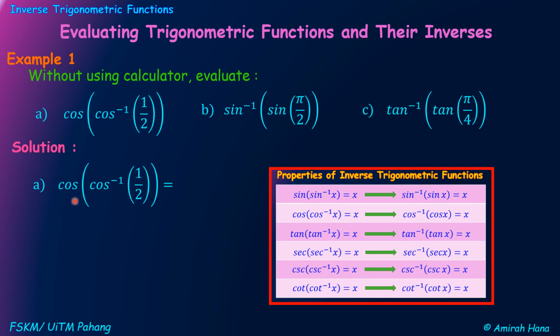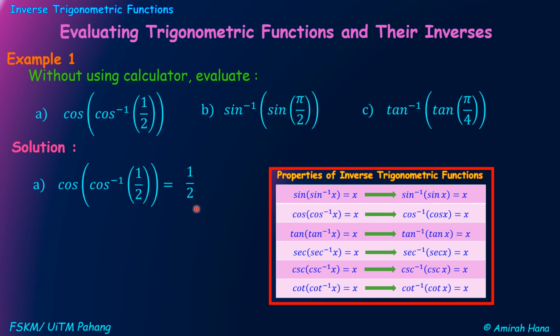So from here we have cos composite with inverse cos half. We can refer to these properties and simplify, and the answer equals x. So when we compare, our x now equals half. So the answer equals half.